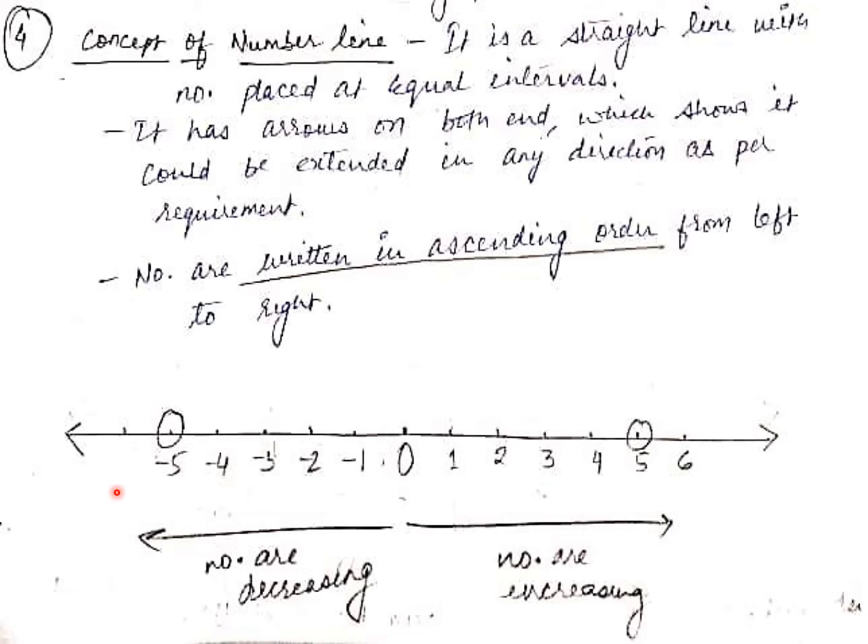And when you go towards right, numbers are in ascending order. How? Let's see. Minus 5, minus 4. We know minus 4 is more than minus 5, minus 3 is more than minus 4, and so on. After 0, 1, 2, 3, 4, already in ascending order. So in a number line, when we go from left to right, numbers are arranged in ascending order.